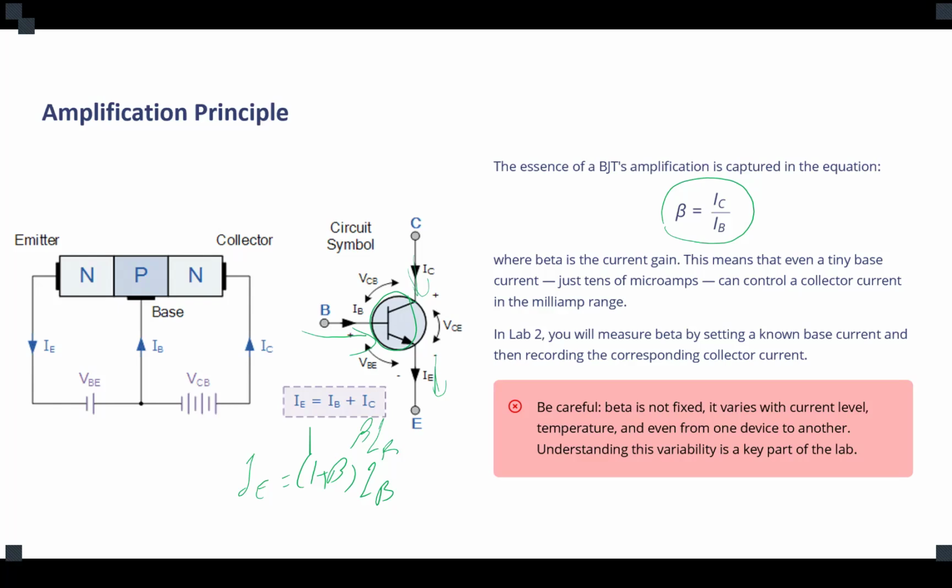For example, if you have a 10K resistor in your emitter, the resistance that you see from the base is not that 10K. Makes sense? It's (1 plus beta) times that value. Is that clear?